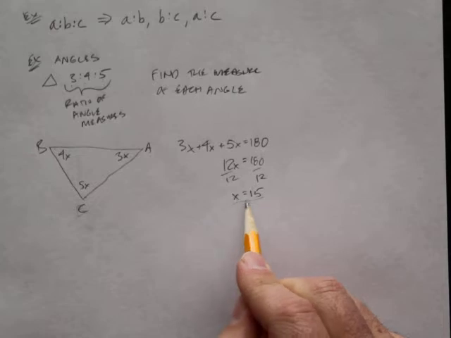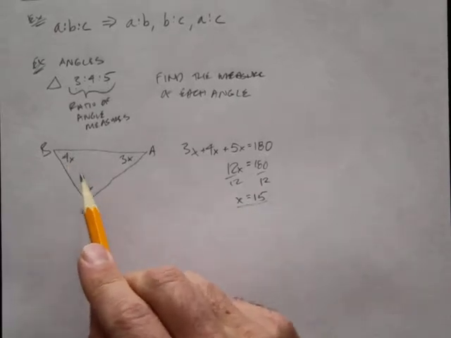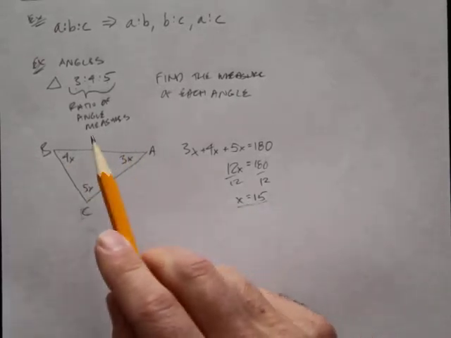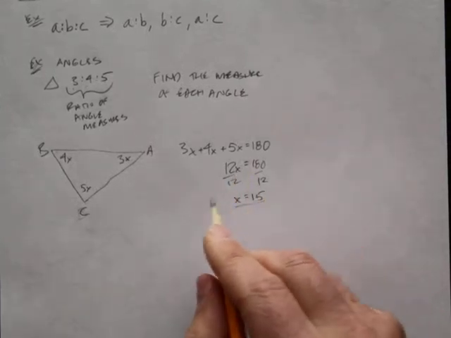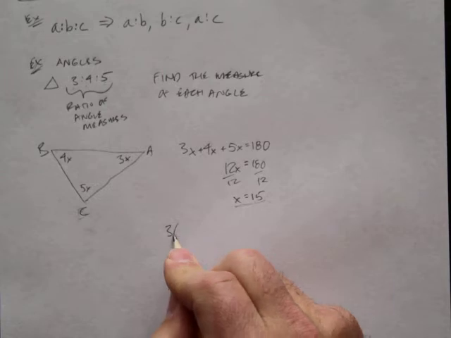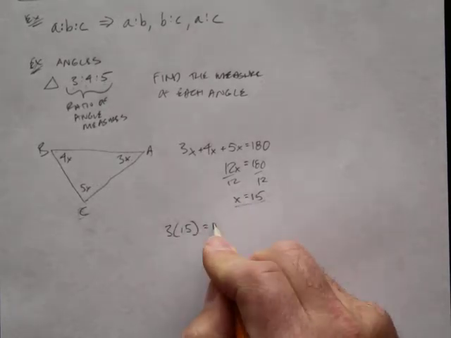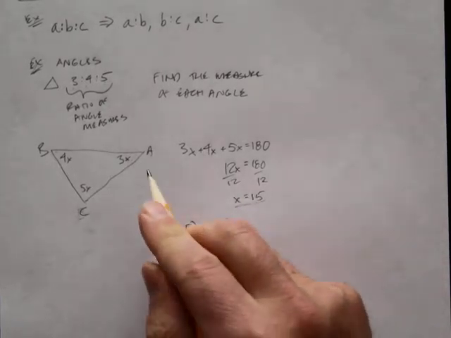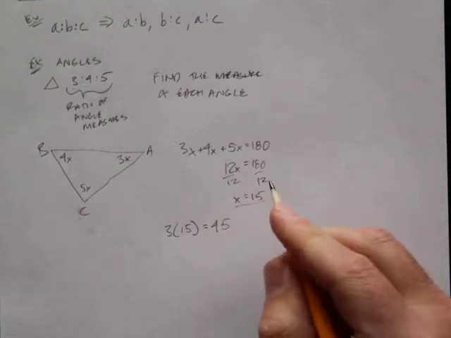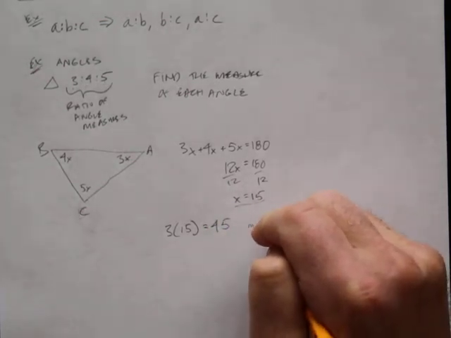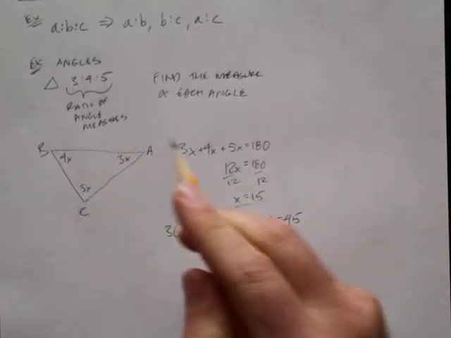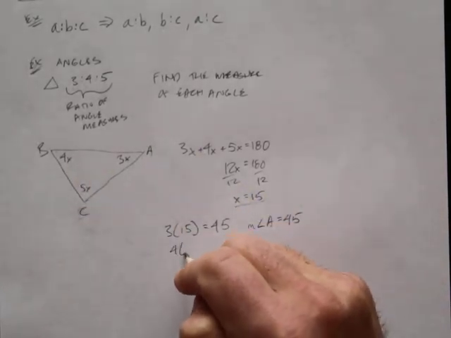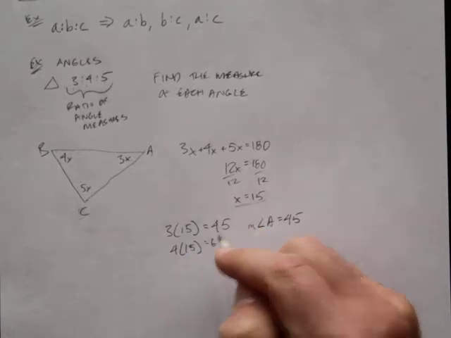So now I know what x equals. So this is the number that I'm multiplying each of these by for my equivalent ratio. So I just say 3 times x, which is 15, equals 45. So 45 is the measure of angle A. Angle B is 4 times 15, so that'll get me 60.